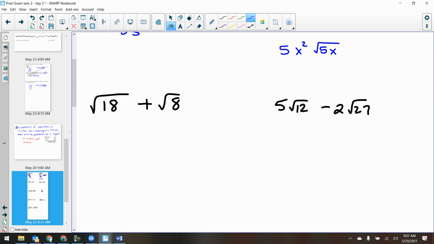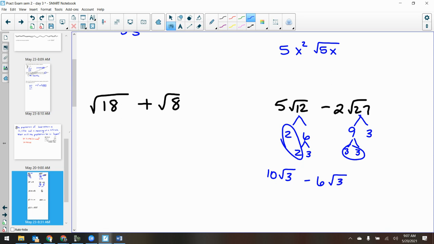So we break down radical 12. What's the total that we get on that radical? 10. Right? The 2 coming out, the 5 that's already out there makes a 10 total. We break down 27. We pull out a 3, leaving a 6 on the outside, right?